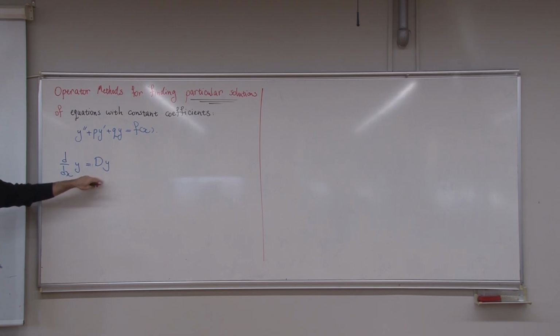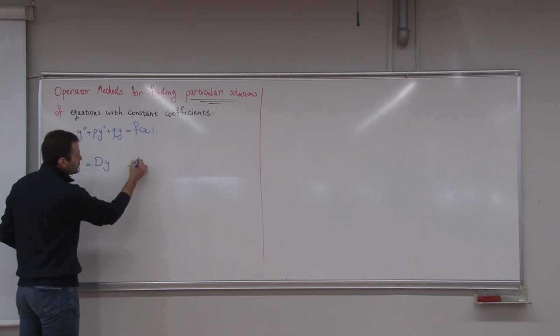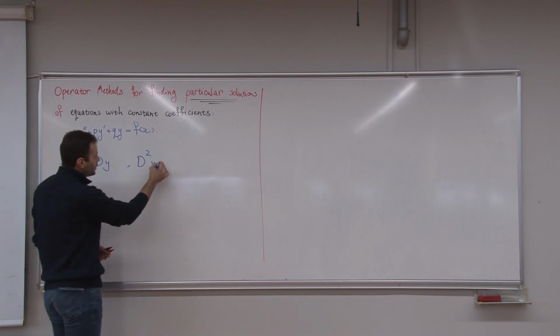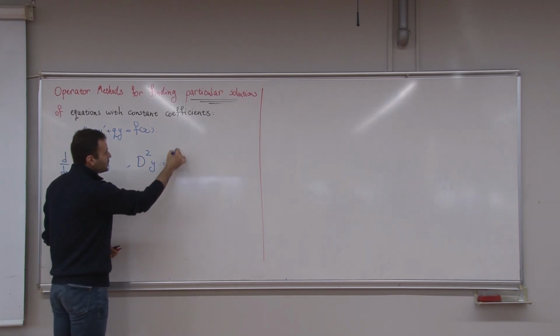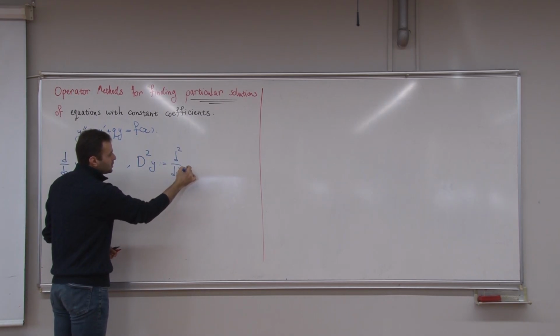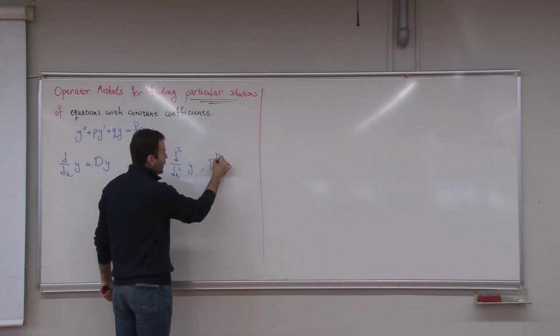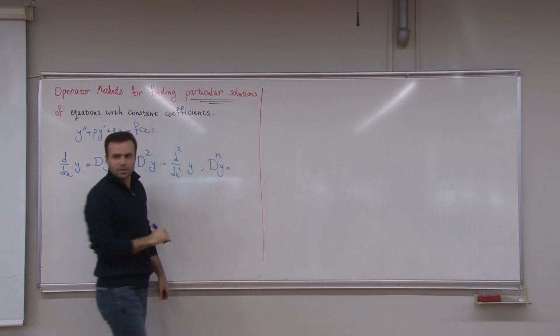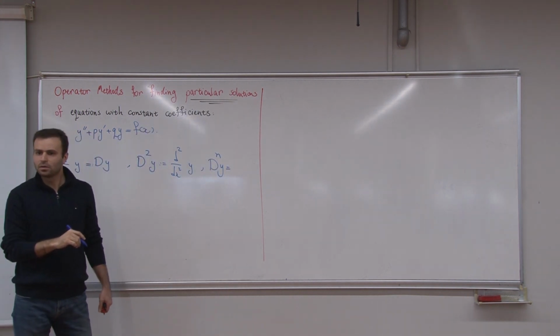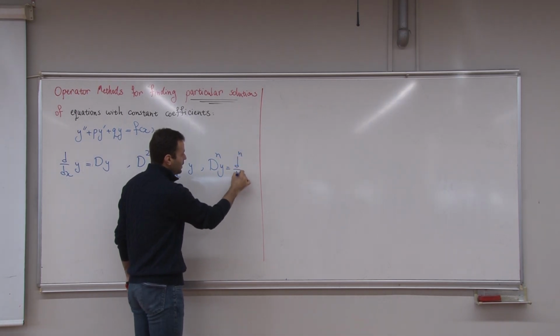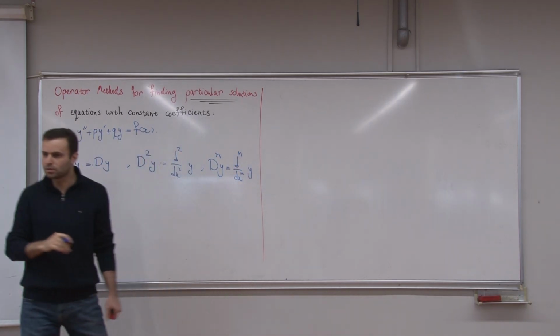What about D² of a function? How do we define it? We define it as the second derivative of this function y. What about D to the power of n of y? Again, it is going to be the nth derivative of the function.